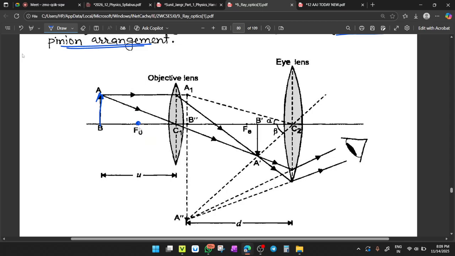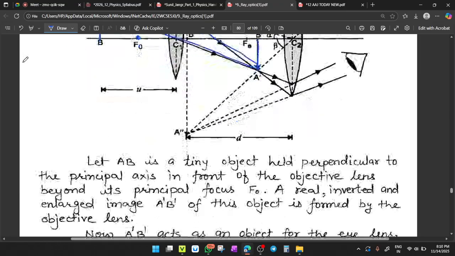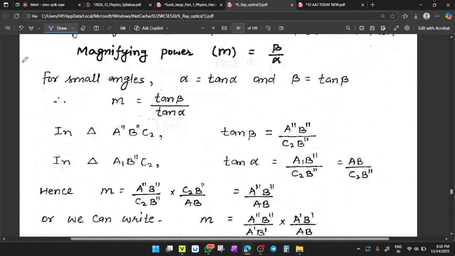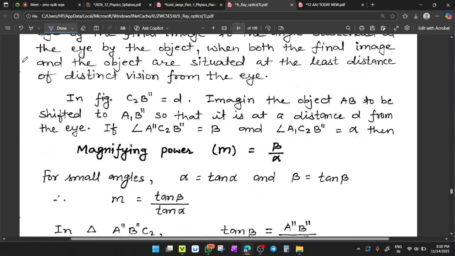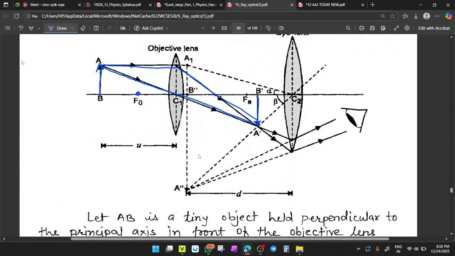So when your object is beyond the focus, it will make a real and inverted image, like here. Real and inverted image A dash B dash.